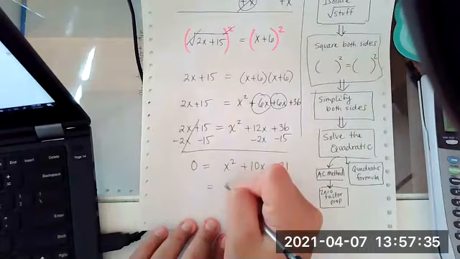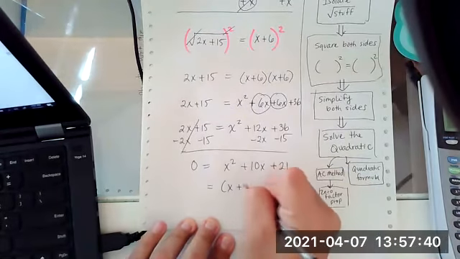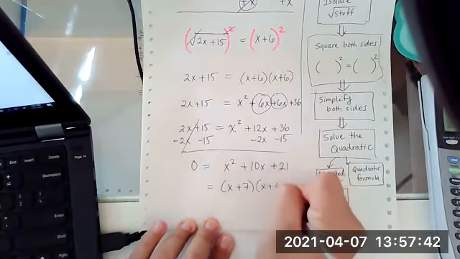But if you were to factor this, you would get x plus 7 and x plus 3.